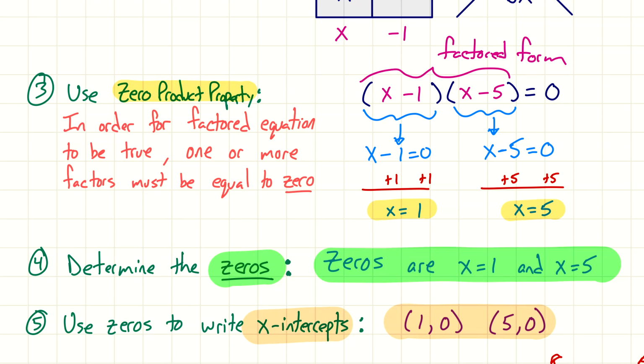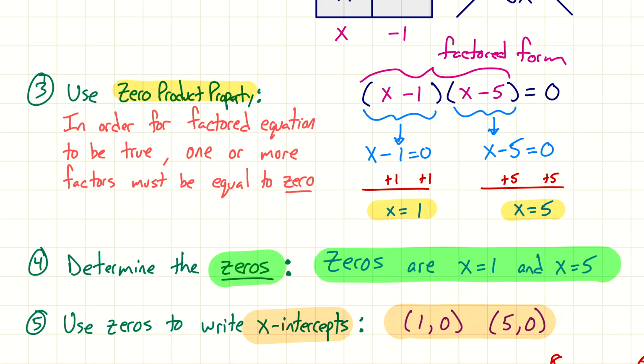If I ask what the x-intercepts of this graph are, you should say, no problem, I already know my zeros. Those are the same numbers that are part of your x-intercepts. Your x values are part of your x-intercept. So 1 comma 0 and 5 comma 0 are your x-intercepts.